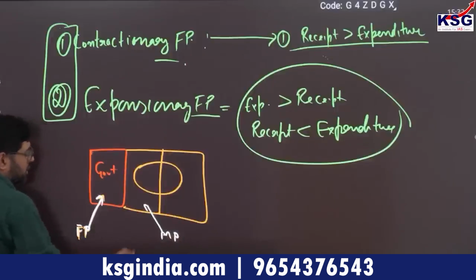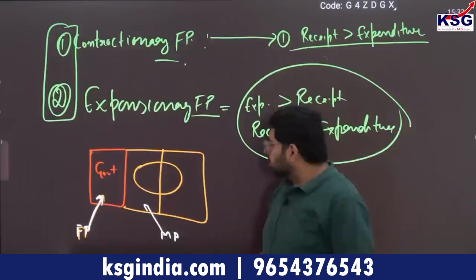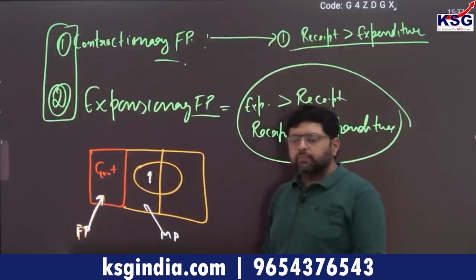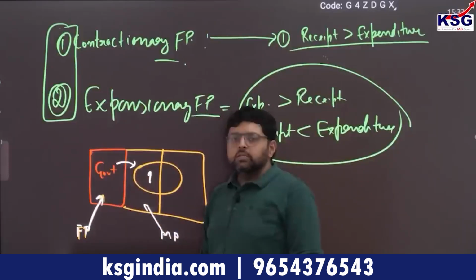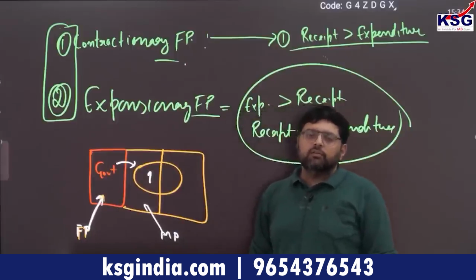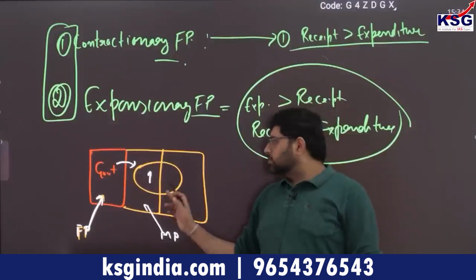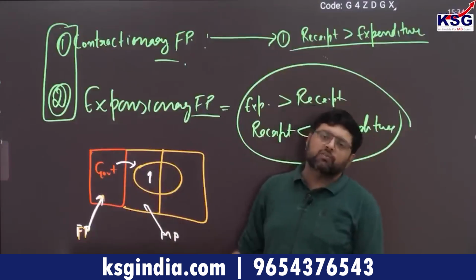Now if suppose money supply has increased in the market, so we want to reduce it, so monetary policy wants to reduce it or absorb that excess money supply, but at the same time if government is spending more money, so it is a failure of monetary policy. So we want that whenever RBI is trying to reduce or increase or decrease the money supply, we want coordination of fiscal policy.